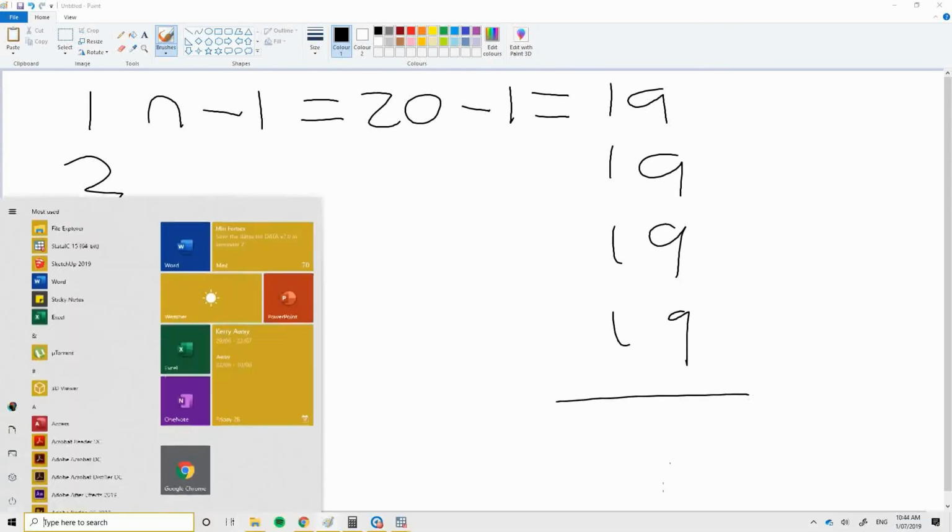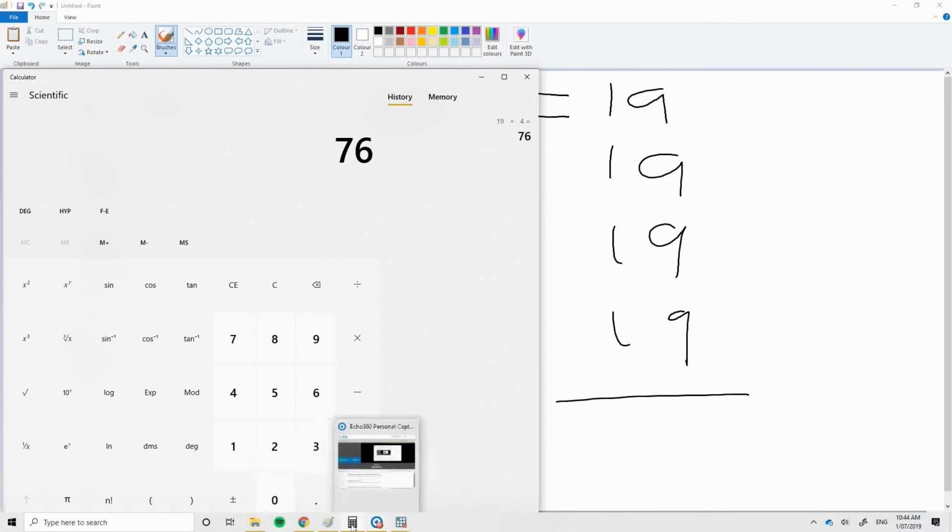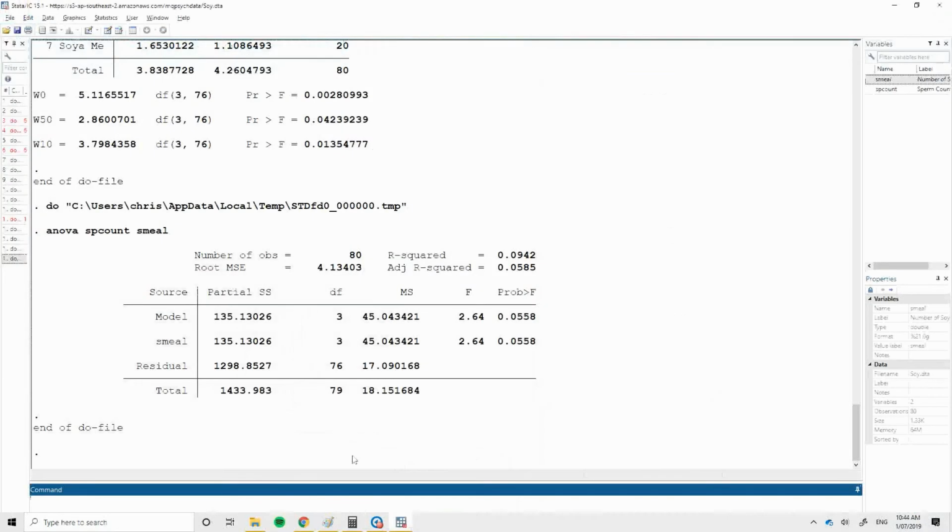Now if I was to add this up, 19 times 4, I get 76. And if I go back to my output, I can see I have 76 here. So it's all about asking how many degrees of freedom are there in each group, and then adding those up.